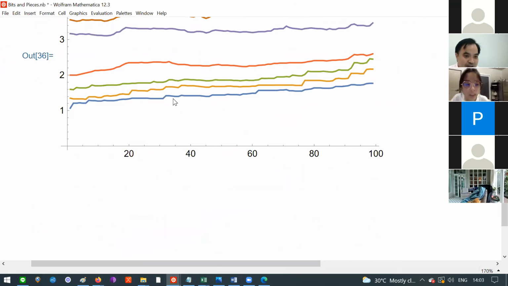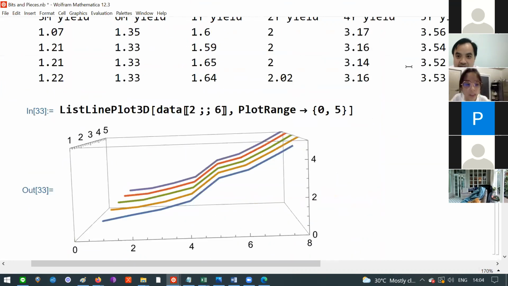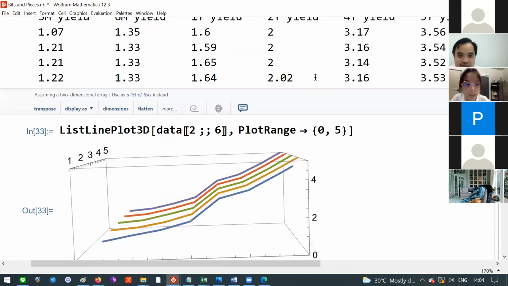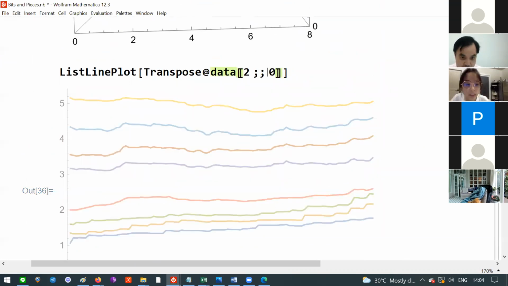It just keeps going. This is every single day. So this is the 3-month yield, 6 month, 1 year interest rate, 2, 4, 5, whatever.